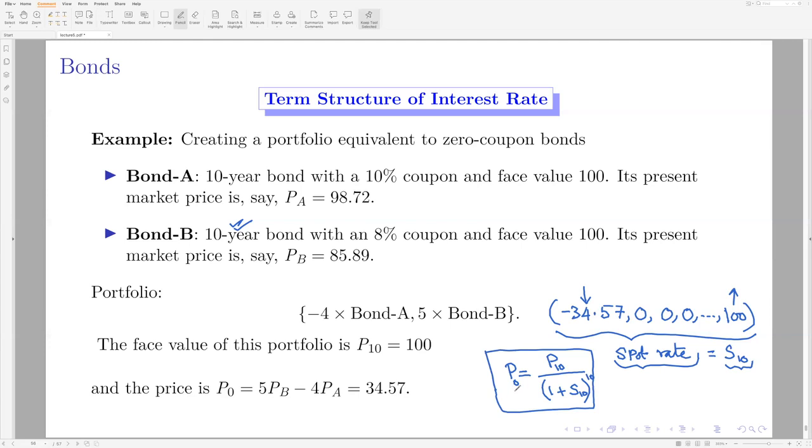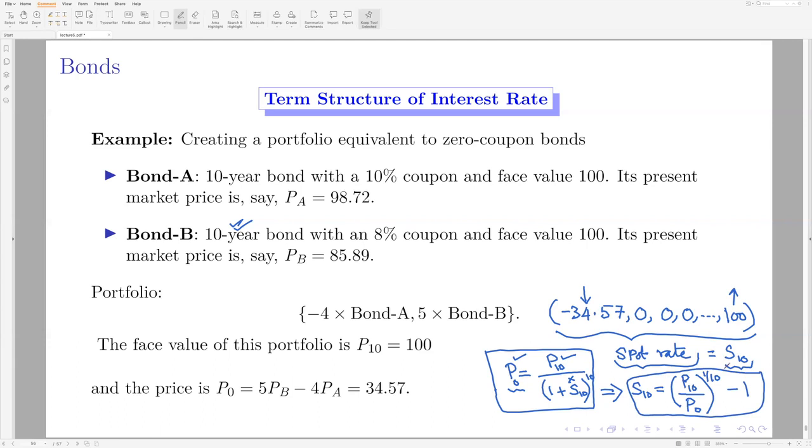This is the present value formula, if you recall, for the zero coupon bond. In this, we know this, we don't know this. Therefore, you can find this using this equation. How will you find it? S10 is nothing but P10 divided by P0, to the power of 1 by 10, minus 1, right? So that is the formula for the spot rate of your portfolio.